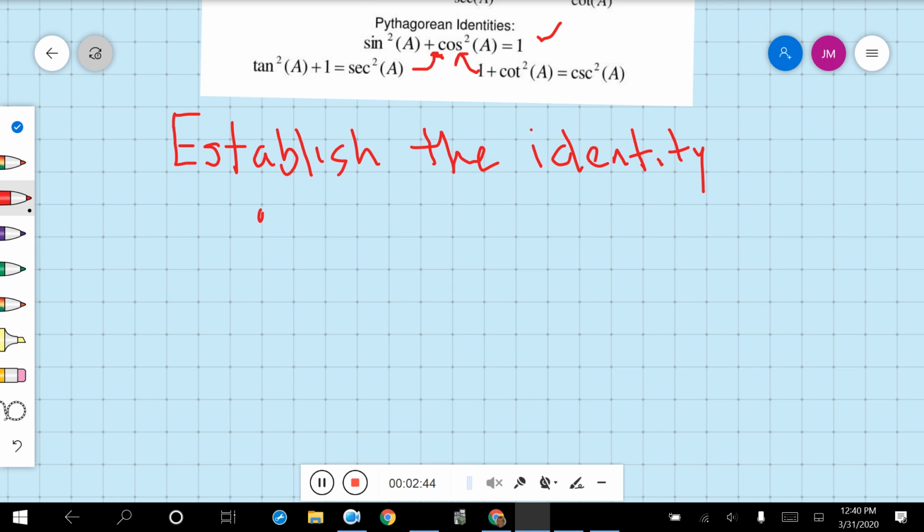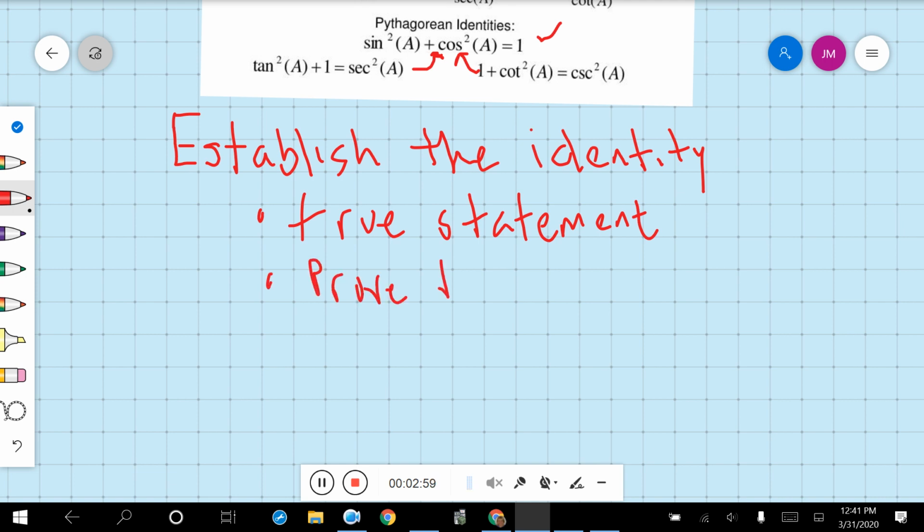Well, it first means that they're giving you a true statement, a statement that something is identical to something else. Your goal is to prove the statement, and we use all the trigonometric identities that we've already discussed to prove that the statement is true.